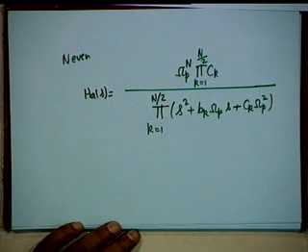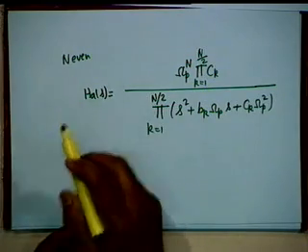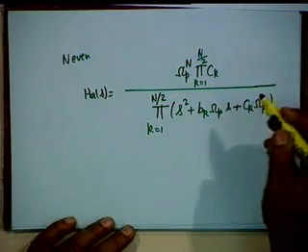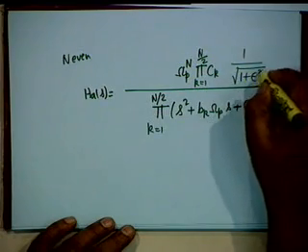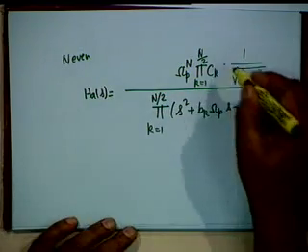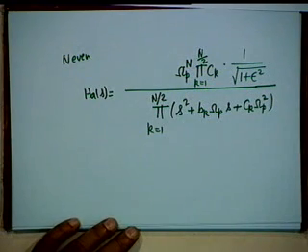That makes the DC value equal to 1, but for capital N even, the DC value is 1 by square root of 1 plus epsilon squared. So, you shall have to multiply by this term.